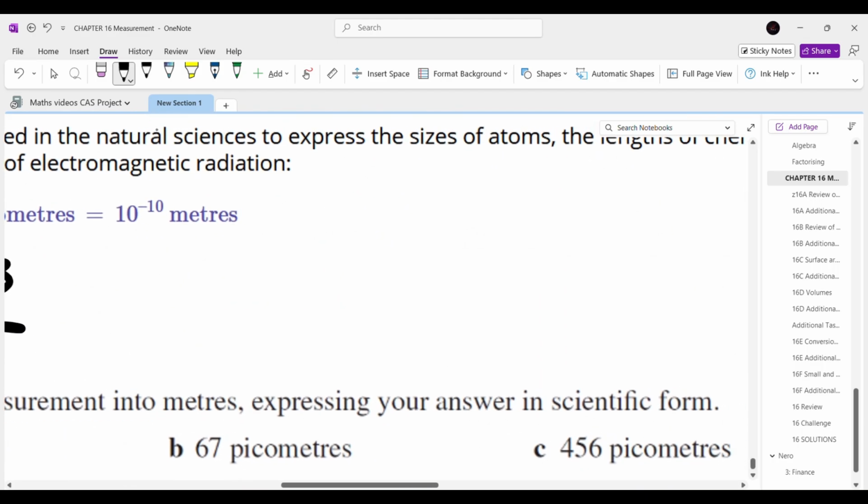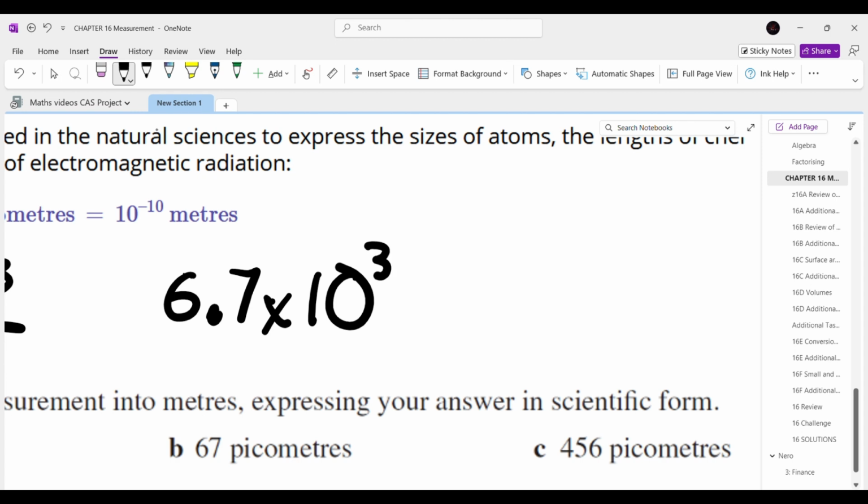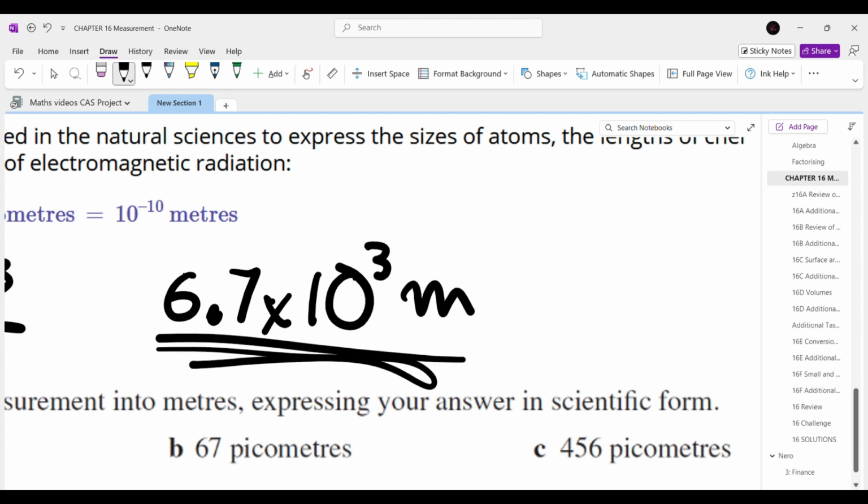So we'll just convert, and we'll always want to make sure you're converting down to the nearest value, just one number in front of the decimal point. So for example, 6.7 times 10 to the 3 meters.